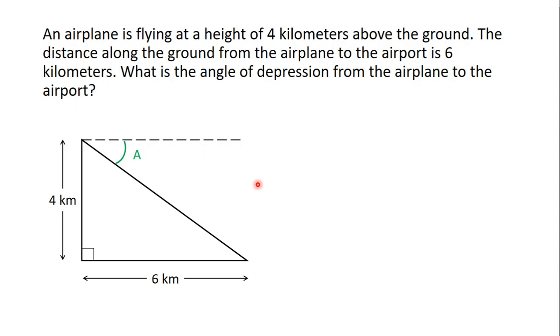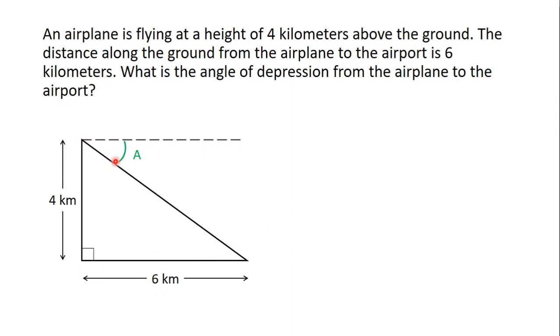Let's recall parallel lines and transversal line. Asan dito ang parallel lines? Ito, itong dalawang horizontal line. Itong nasa taas, yung broken lines. And yung distance along the ground. Ayan. Yung segment which measures 6 kilometers. These two lines are parallel.